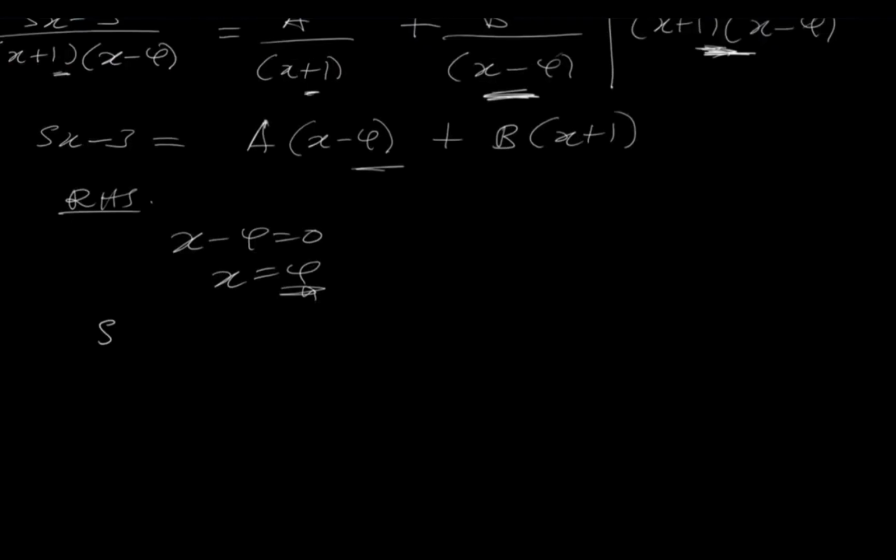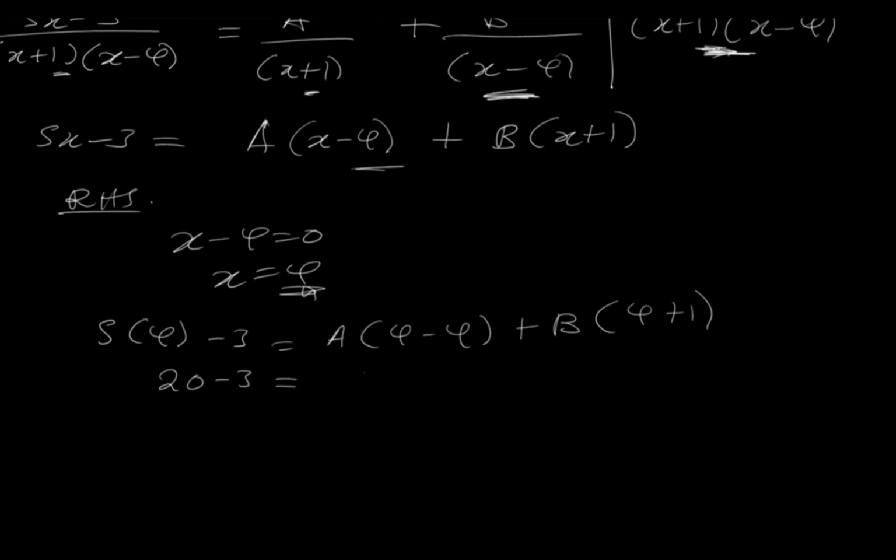Once you have that, you can just plug the value of x in your expressions. So you have 5 times 4 minus 3, and this is equal to A times (4 minus 4) plus B times (4 plus 1). So 5 times 4, that's 20, minus 3 is equal to, this will give you a 0, plus B times 5.